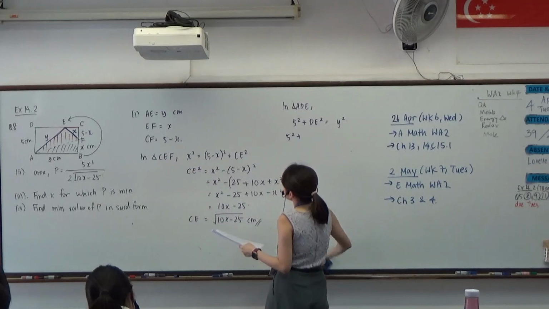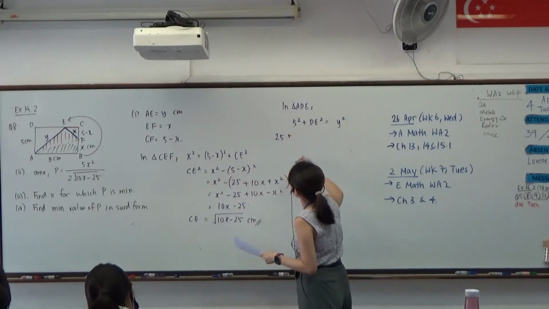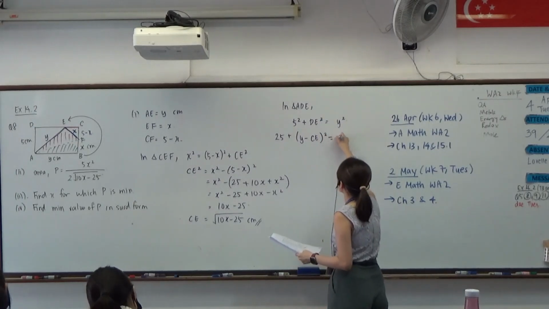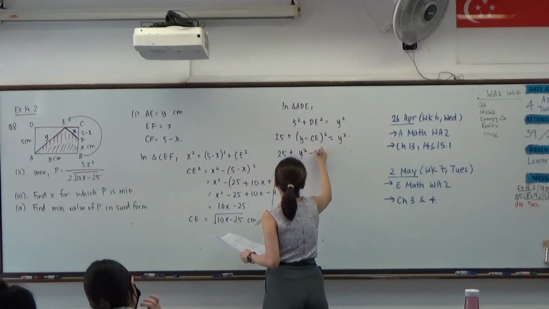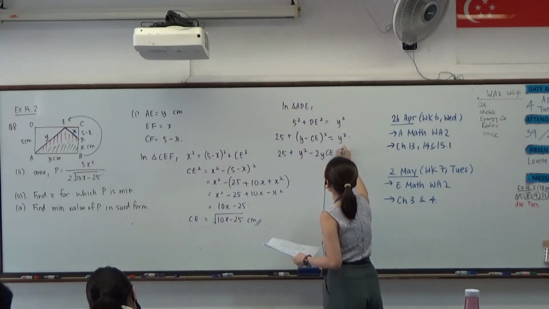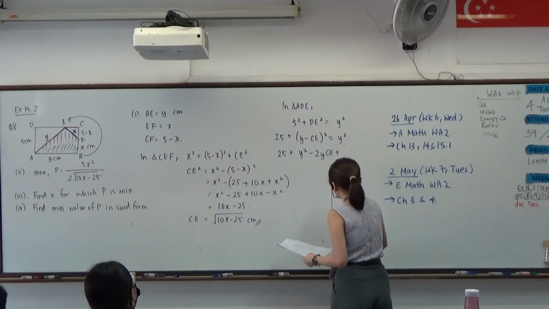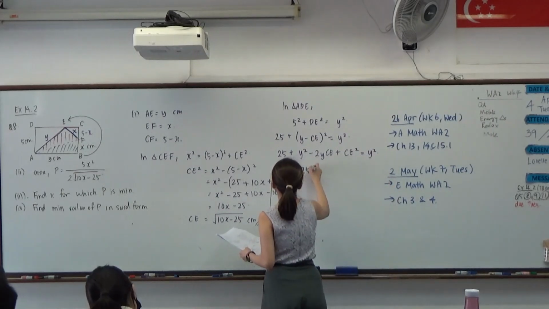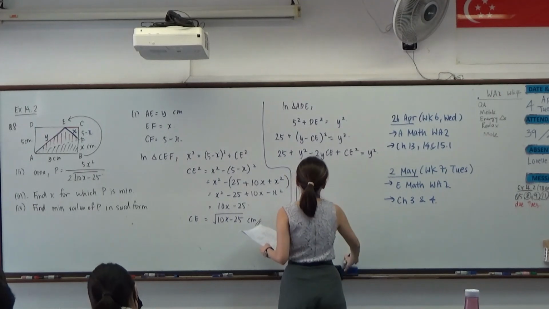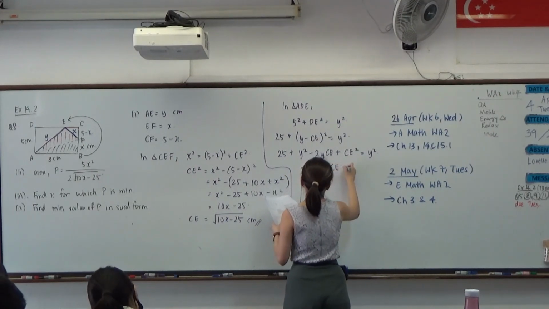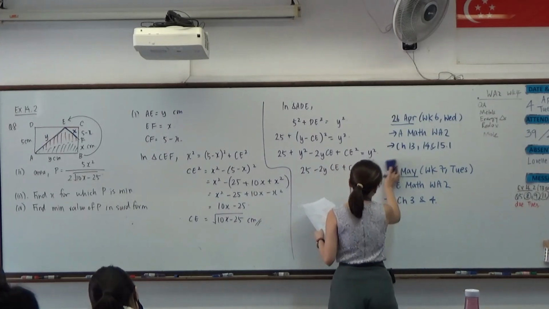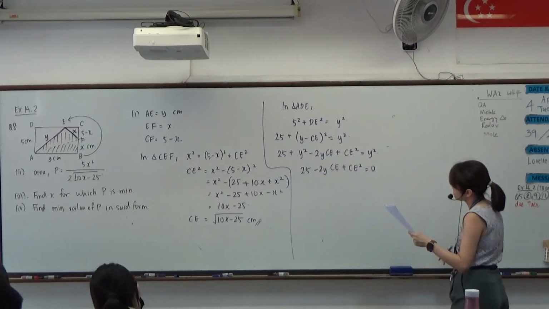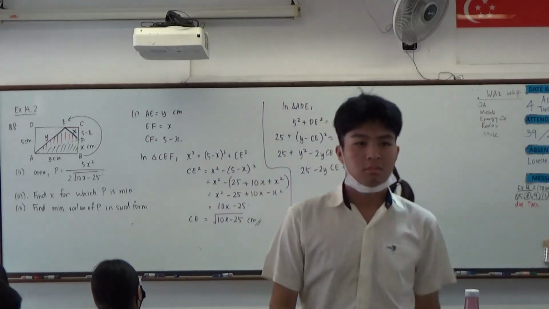Okay, and then DE squared is actually equal to Y minus CE. We found that it is square root of 10x minus 25.